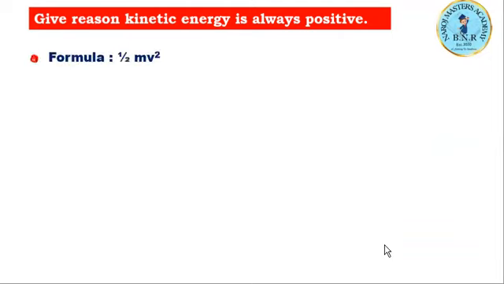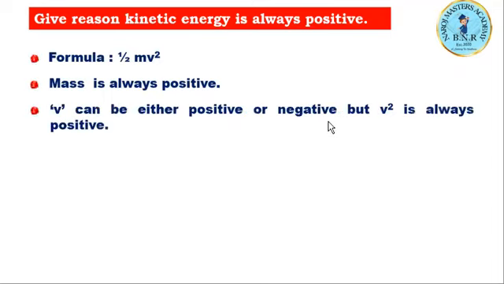The formula is equal to half mv square. Mass is always positive. And velocity v can be either positive or negative, but v square is always positive. So what we can say, for example, what is the formula for kinetic energy? Half mv square. We are not talking about change in kinetic energy.